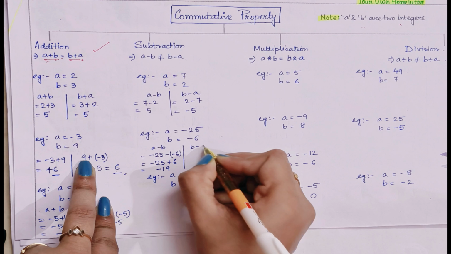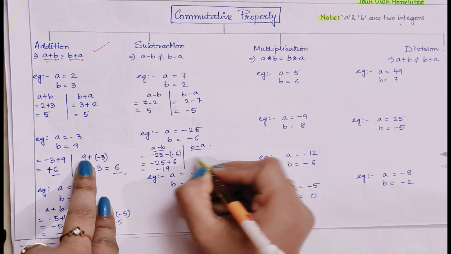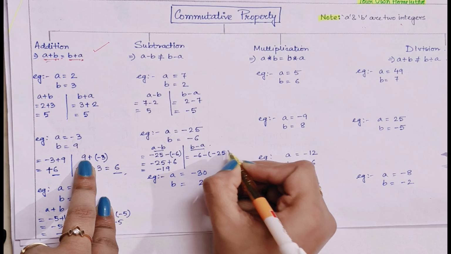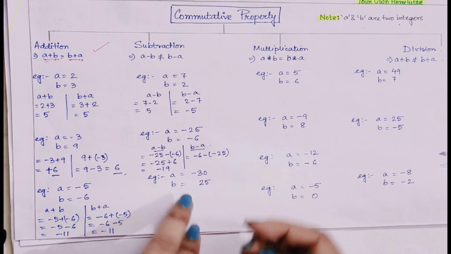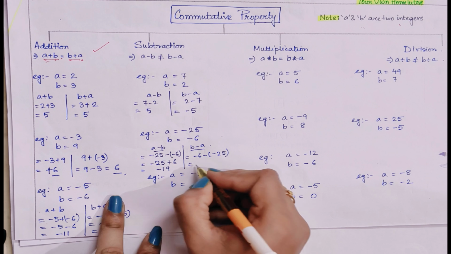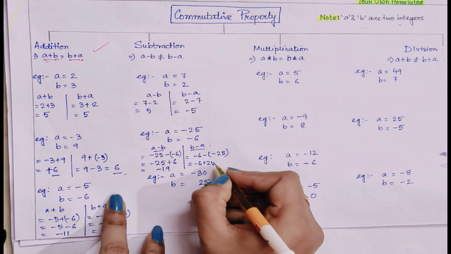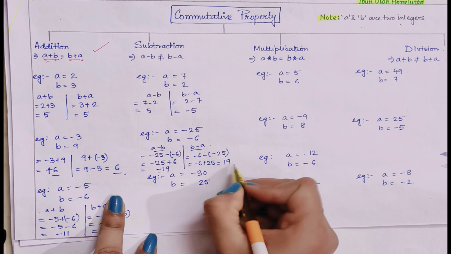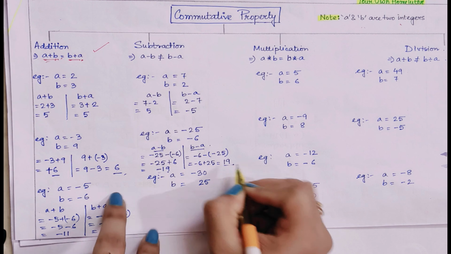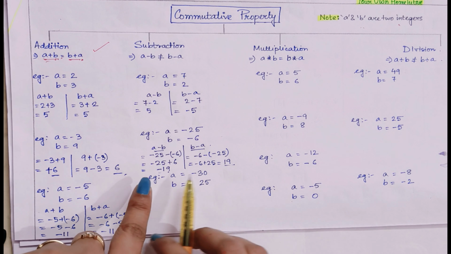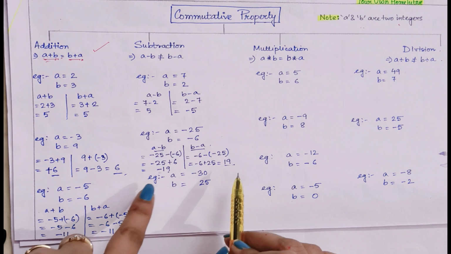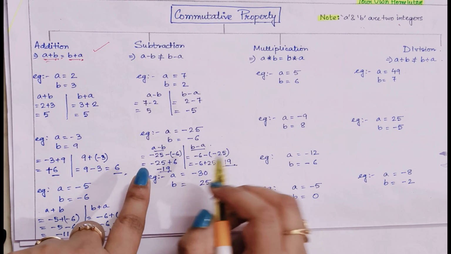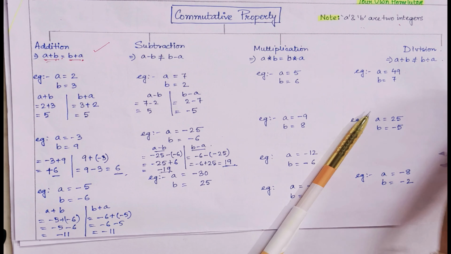Again if I do b minus a, what will I get? I will get minus 6 minus of minus 25. This will give me minus 6 plus 25. This is 19, which is positive. Here we have negative 19, here we have positive 19. We have a sign change, and sign change means the integers are different. Here also commutative property did not hold.